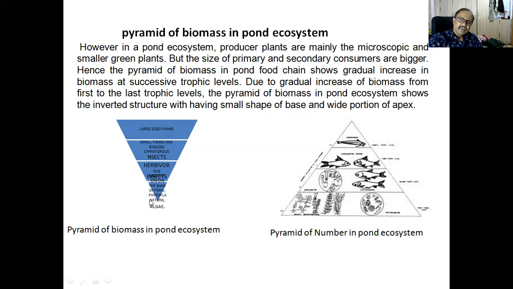Means the amount of biomass increases from base to the apex of pyramid, hence it forms the narrow base and wide apex.